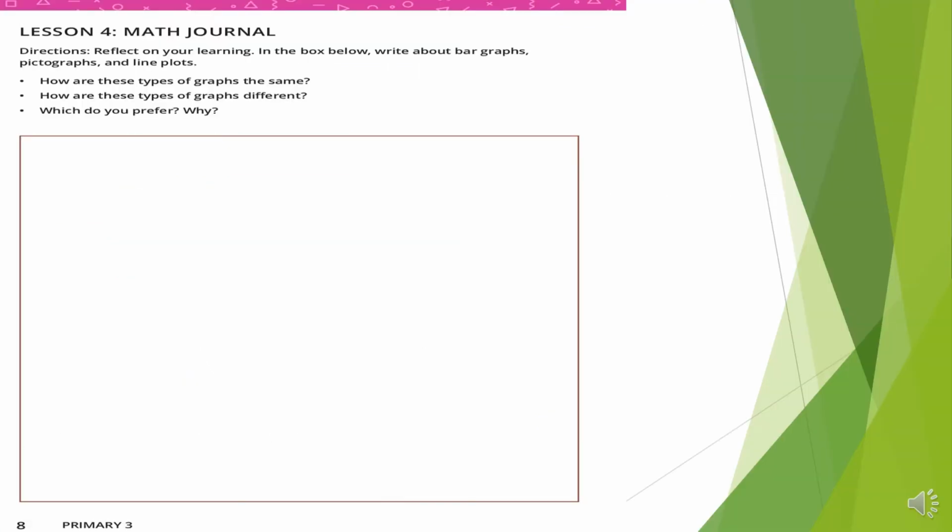Our math journal. How are these types of graphs the same? We said that we have 3 types of graphs. How are they the same? All of them show data and have a title. And how are these types different?